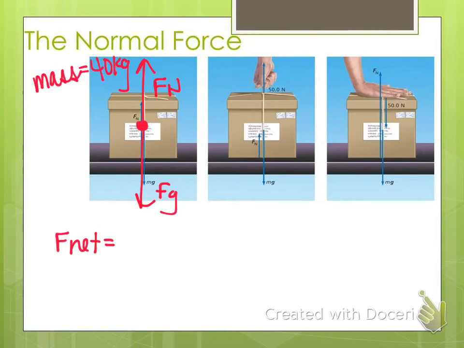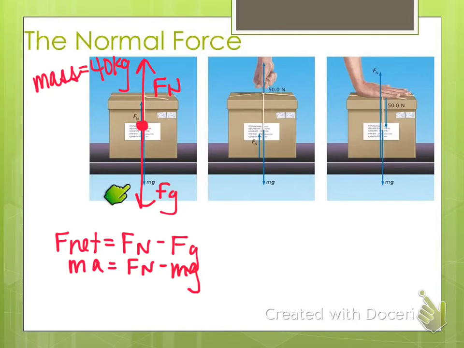What are our positive forces here? Normal, good. And what's our gravitational force? Good. Okay, so here's where it gets tricky. We know that we're going to substitute mass times acceleration minus mass times gravity, right? Okay, we know that we can do those substitutions. What's the acceleration of this box?